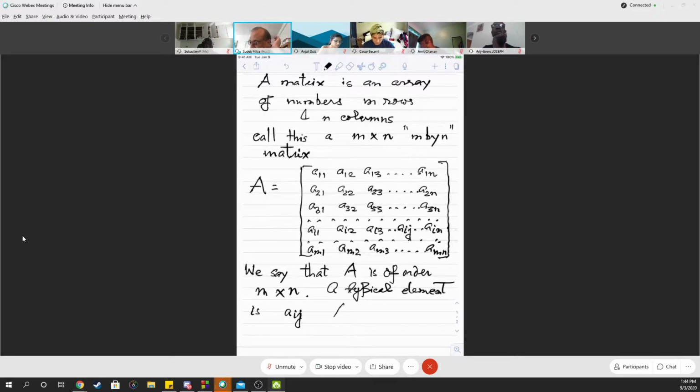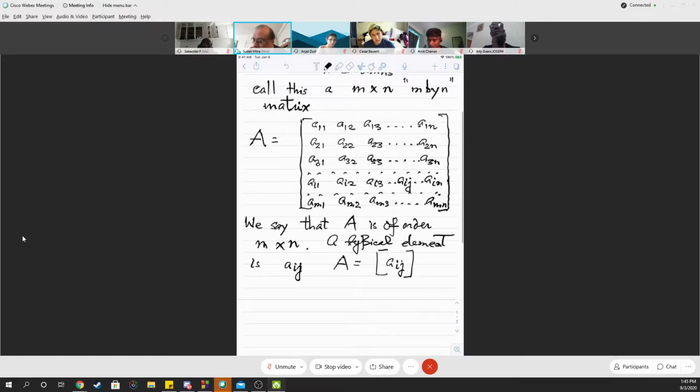We write A, and we can write the matrix like this. So where is Aij occurring? Here is my Aij, the element in the ith row and jth column.